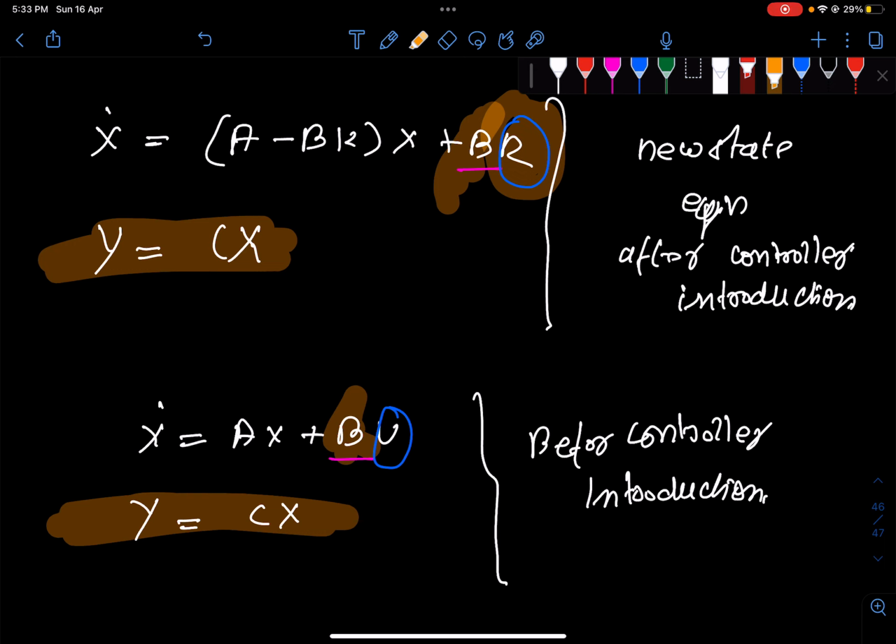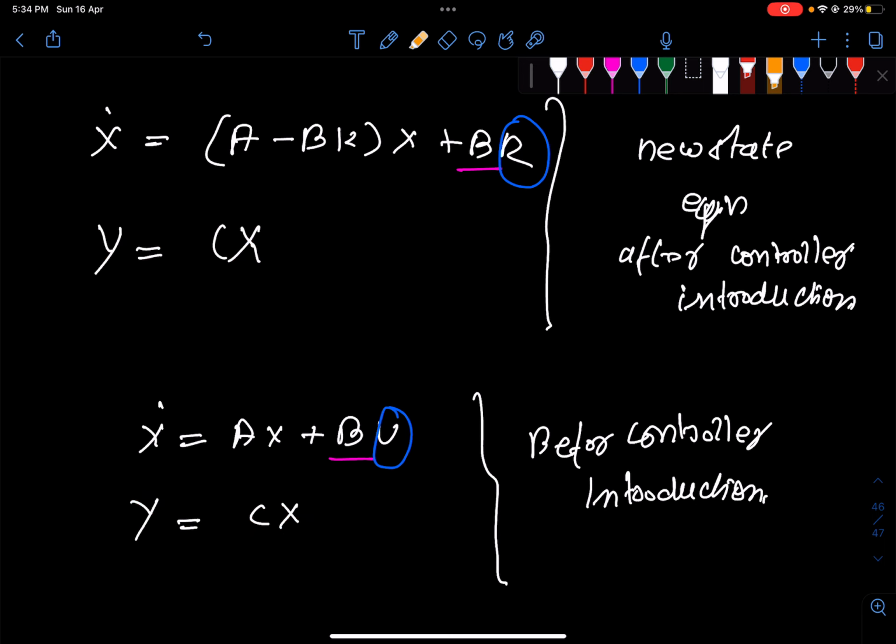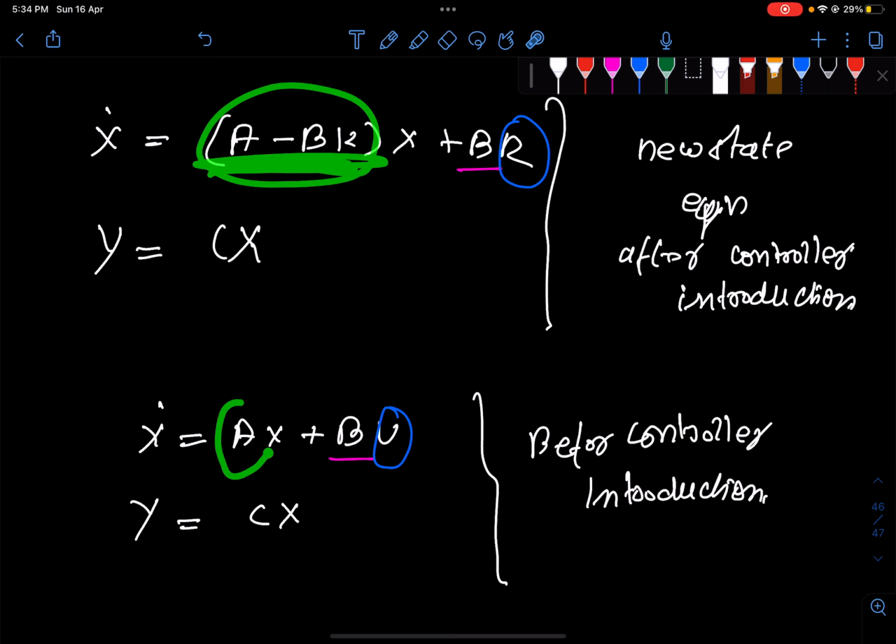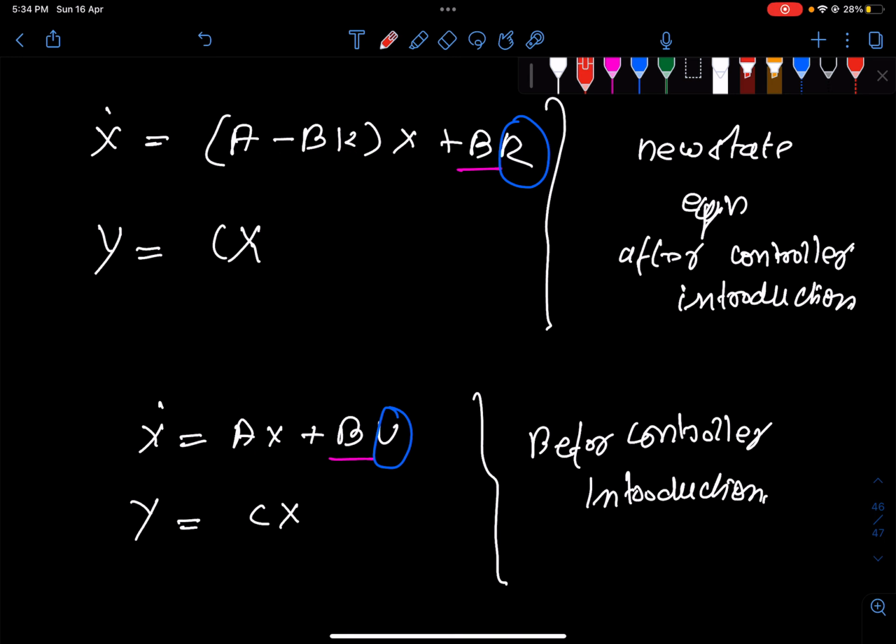Instead of u, it is now r. With the system specification, I am talking about the ABCD matrices. No change for the C matrix as well as for the B matrix. But look, which matrix is changed, guys? Our A matrix is changed to A minus BK. Instead of A, we now have A minus BK.